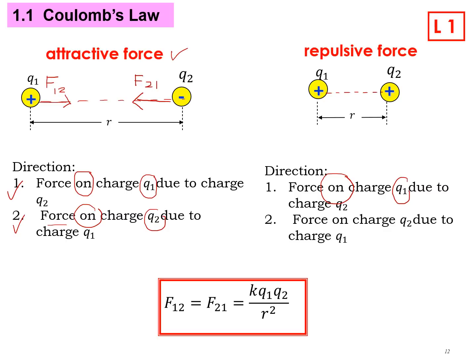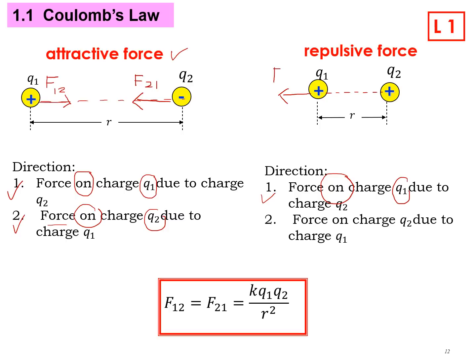For the first one, on charge Q1, the direction will start from Q1. Since both have the same charge, same charges will repel. If they repel, it must be away from the other charge. So that is the direction.